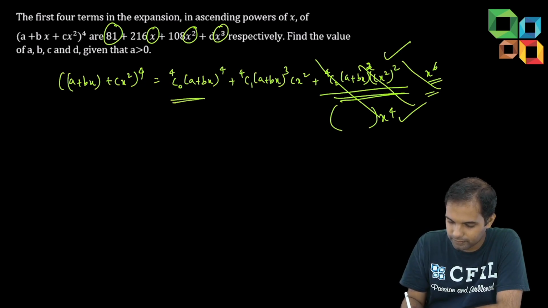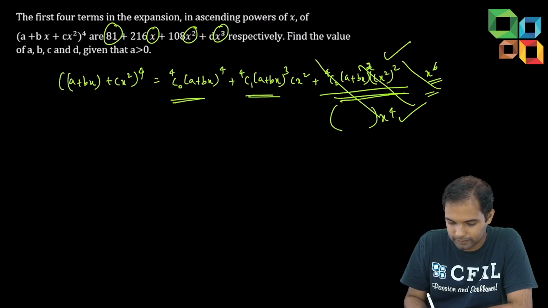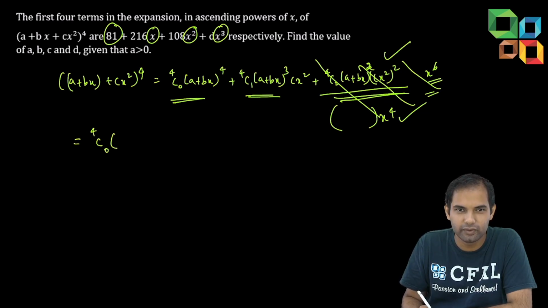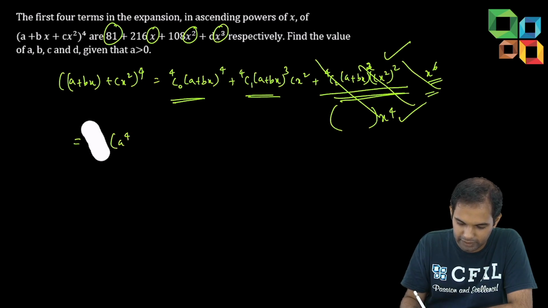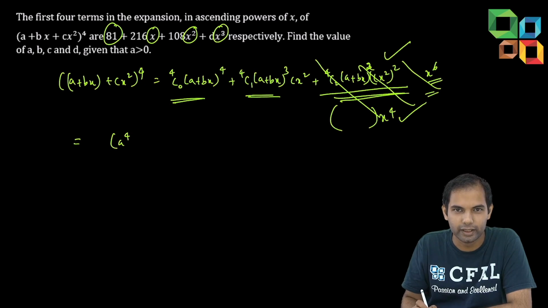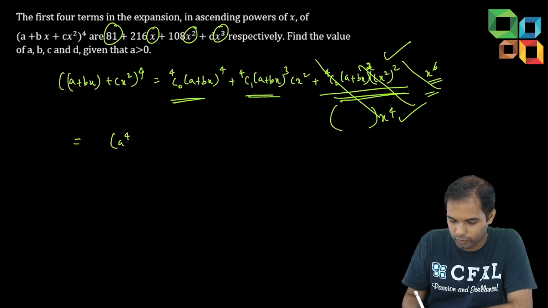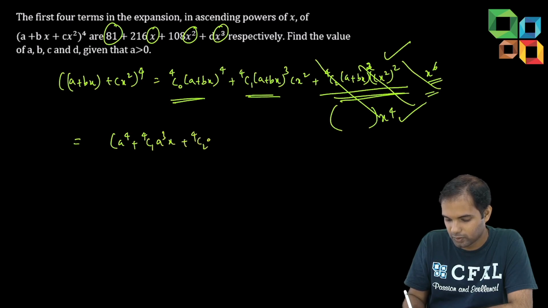Look at the terms. First term, 4c0 into (a plus bx) power 4 expansion, which we know. 4c0 is 1, so let me just ignore it. So a power 4 plus 4c1 into a cube into x plus 4c2 a square into x square plus 4c3 a into x cube plus x power 4.